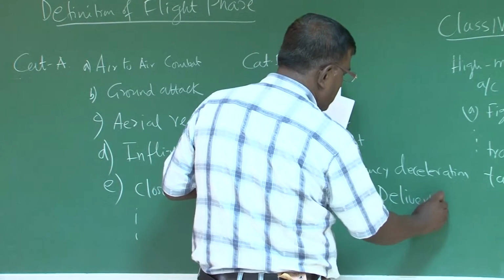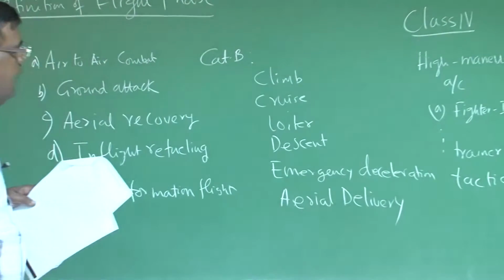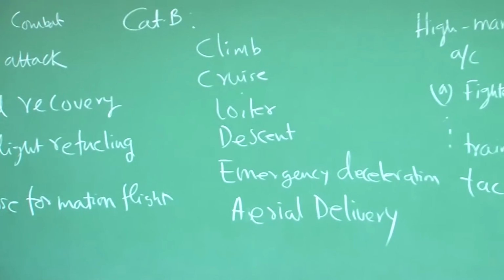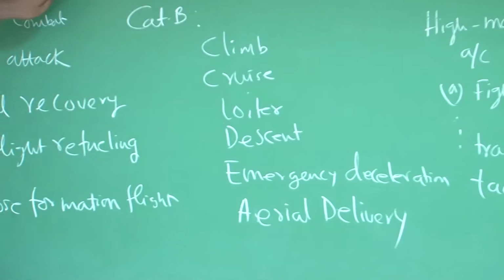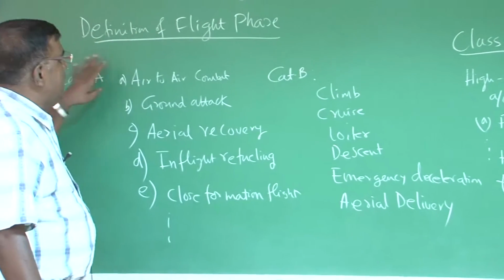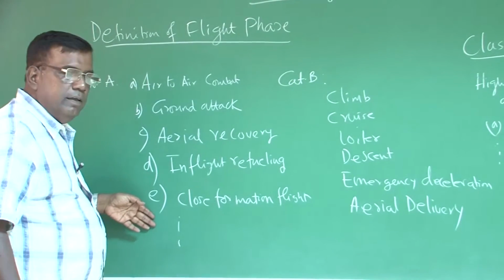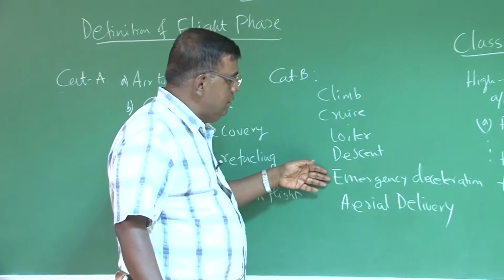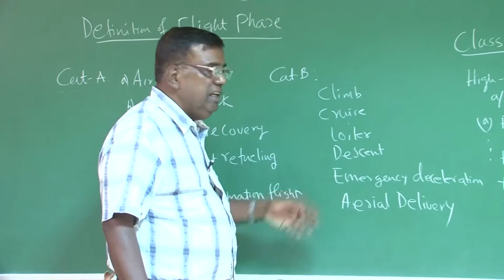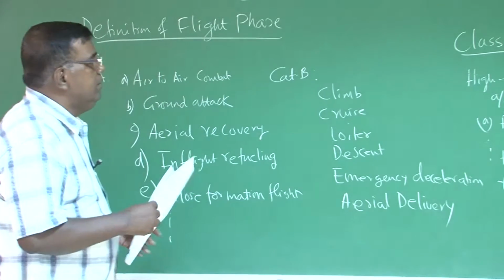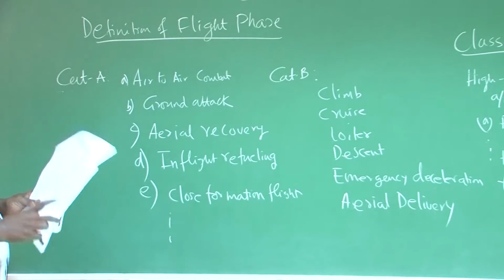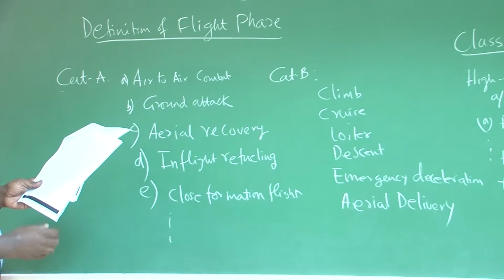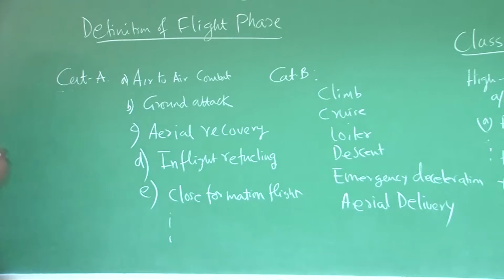I am just mentioning a few of them, right? So this is category B. That means we are now defining different flight phases. In category A, these are the flight phases that are included. In category B: climb, cruise, loiter, descent, emergency deceleration, aerial delivery. These are the flight phases categorized under category B. Similarly, you have category C.